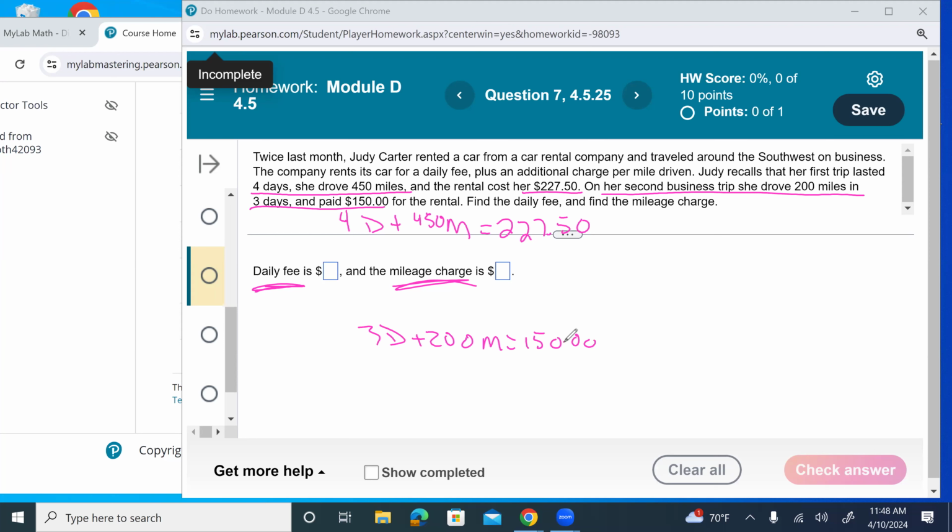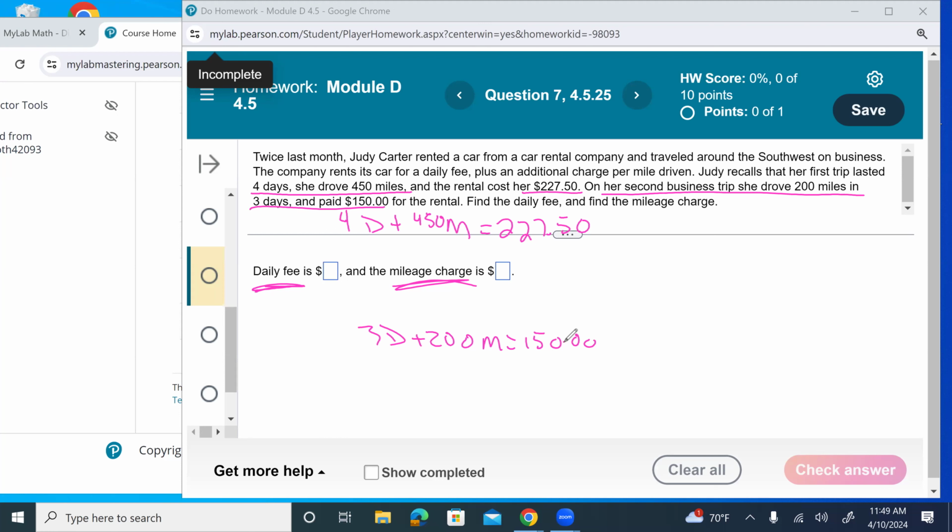There's my 2 equations. And this is money, so it's 2 decimal places, typical for money. I could get rid of the decimal places by taking the first one and multiplying times 2, making it 8D plus 900M equals 227.5 times 2, and that would have no decimals in it.